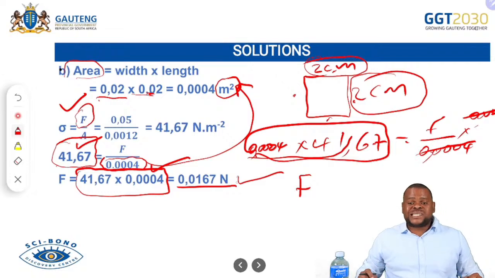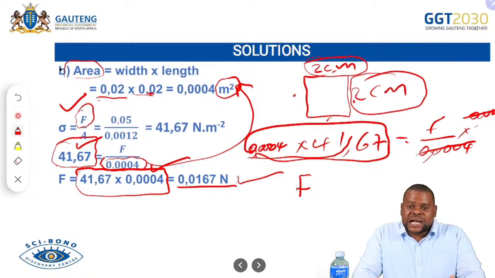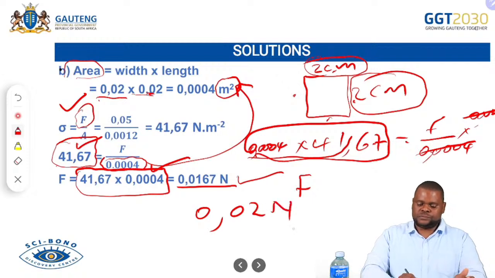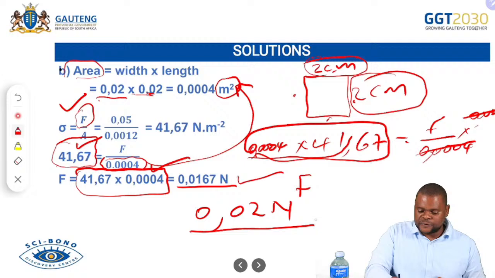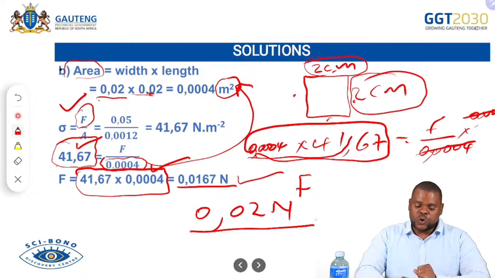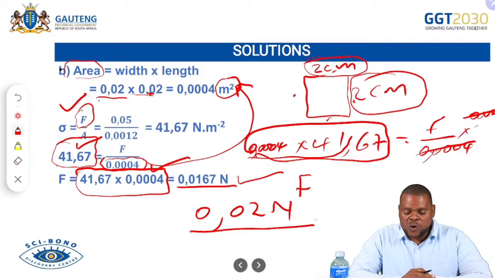And in most cases, they will say you must write 2 digits after the comma. Are we together? Then if they say 2 digits after the comma, then it's going to be 0.02 Newton. Can you see, my grade 12? Yes. If they ask you to write the final answer to 2 decimal places, then you know that it's going to be 0.02 Newton.